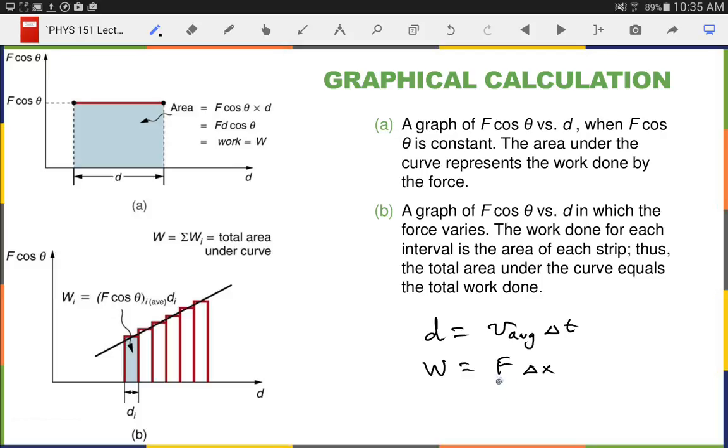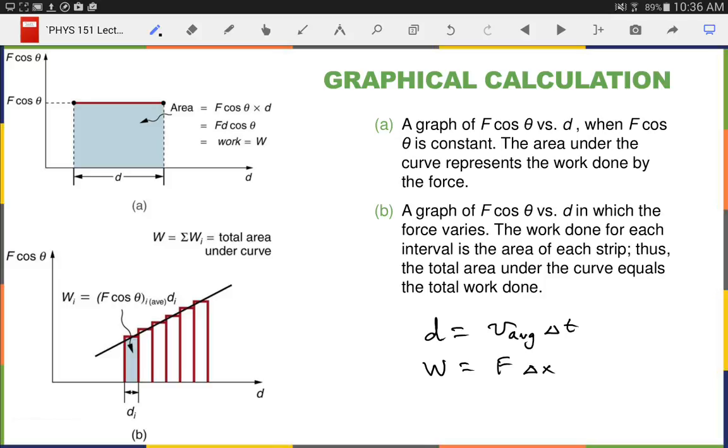If we make a graph that shows the force as a function of the position, then going from here to here I had this force cosine theta, because the component is parallel. Move this distance, so the force times the distance is just the area of that box. And if I had something that wasn't a constant force, I could break it up into a whole bunch of small boxes and just add up the areas of each of those small boxes to get the total work.